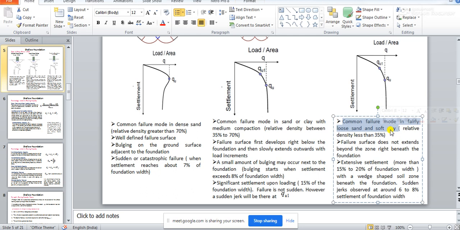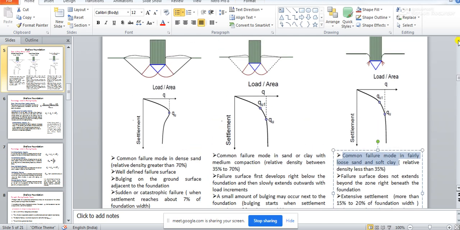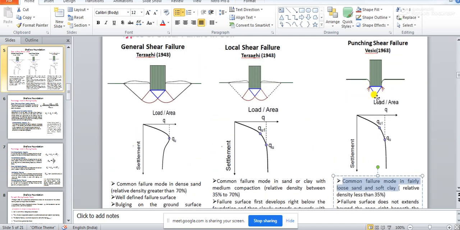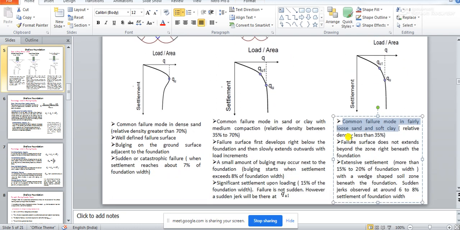And the failure surface, if you see, in case of punching shear failure, does not extend beyond the zone right beneath the foundation.